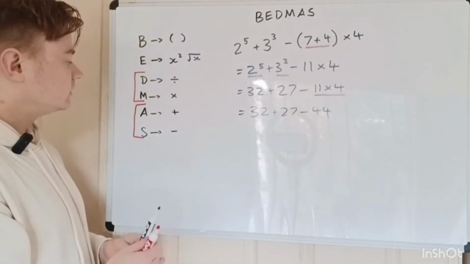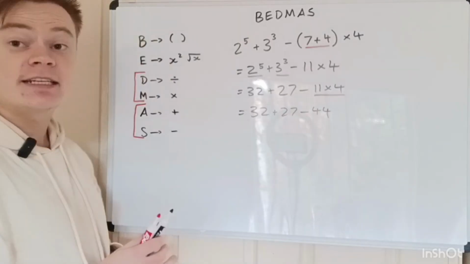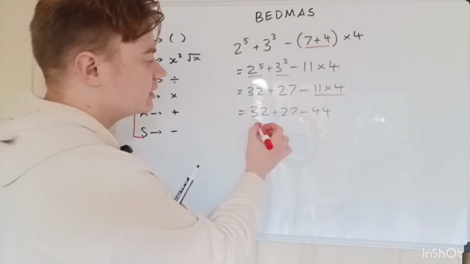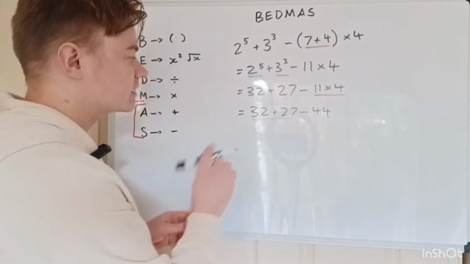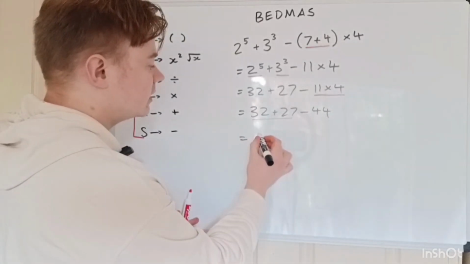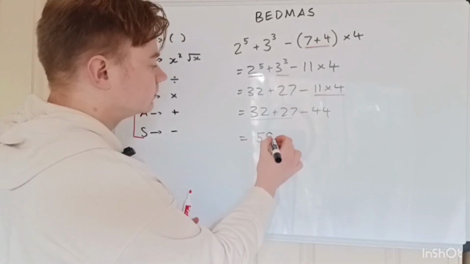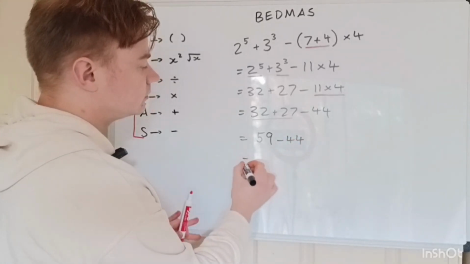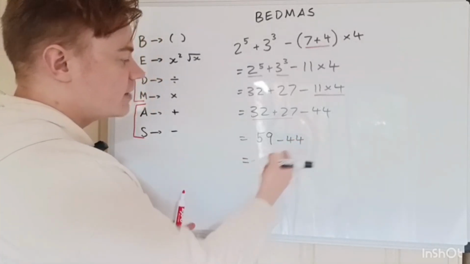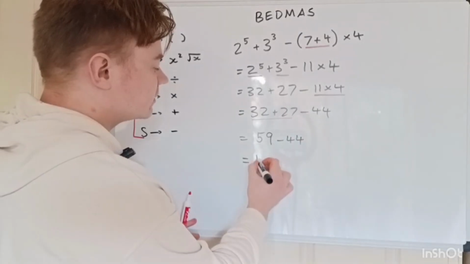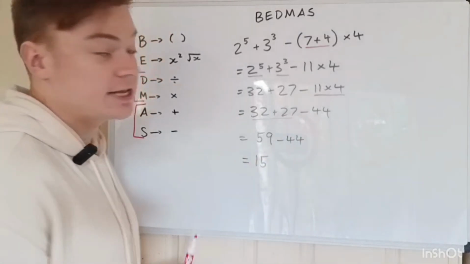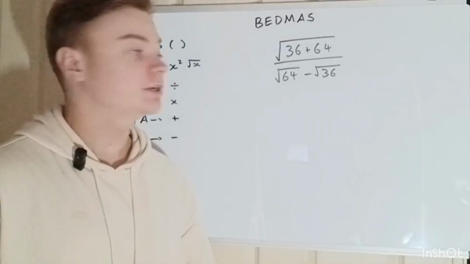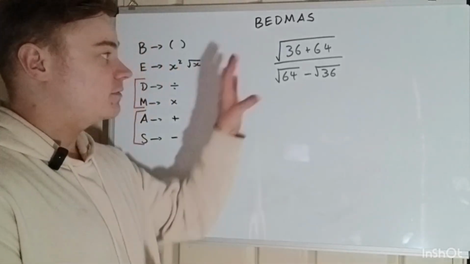Okay? Addition and subtraction is next. They're tied for priority, so we just work from left to right. So we'll do 32 plus 27 next. That gets us to 59 minus 44. And then 59 minus 44 gets us to 15. And that's our answer.